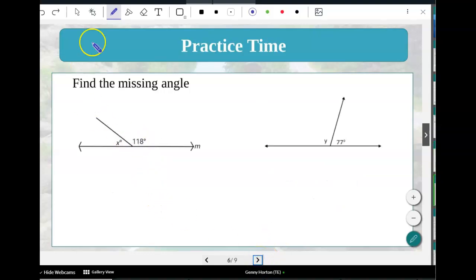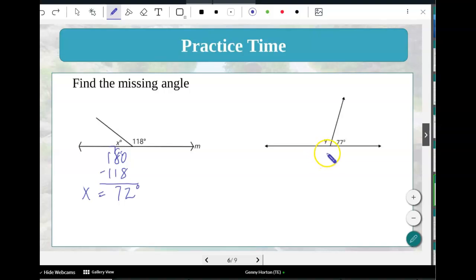All right, these, we're going to find the missing angle. Now it's a straight line, so they're supplementary. They're going to add up to 180. So to find x, you're going to do 180 minus 118. I'm going to do it this way just so I can do my math without my calculator. And that's going to be 62. So x is equal to 72 degrees.